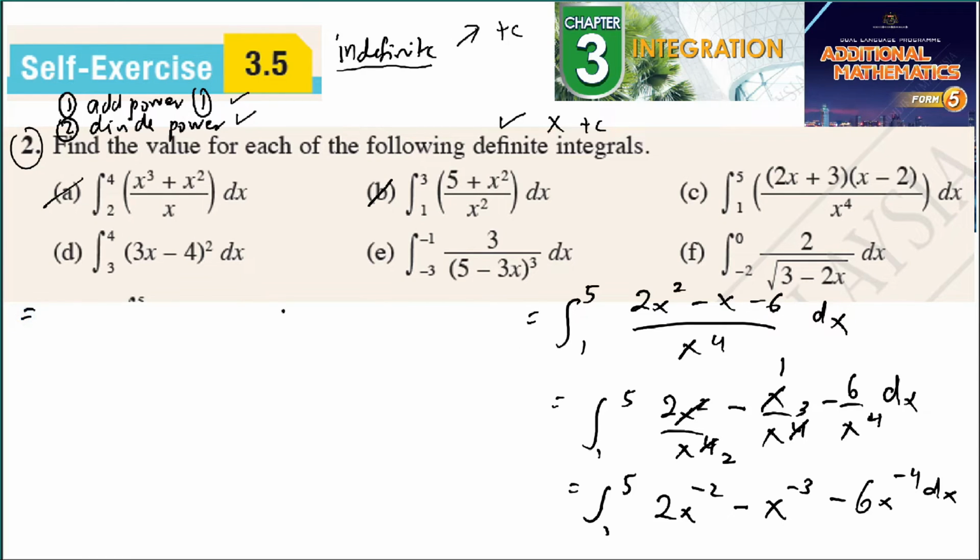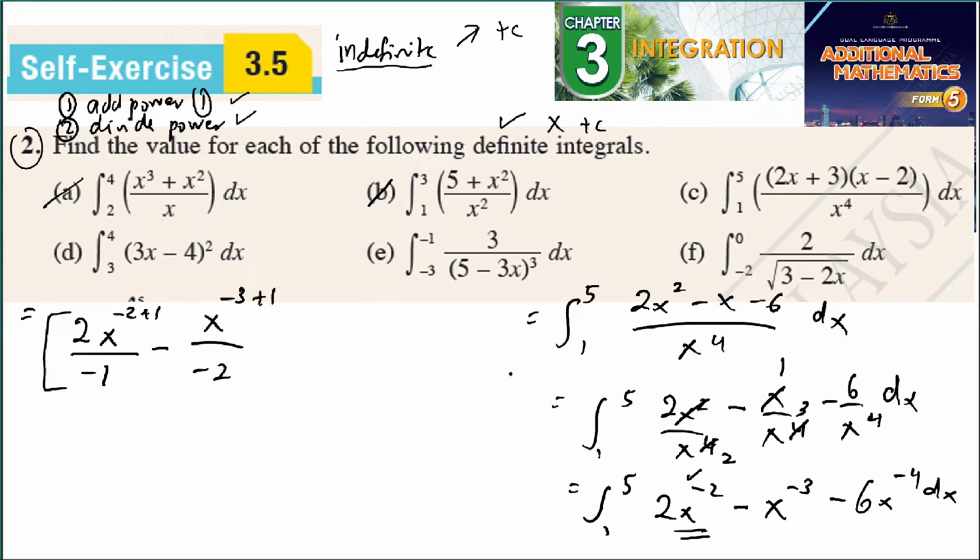So here to integrate, we just put the constant, and then we see we have x to the power -2. So we add the power with 1, so -2 plus 1 we get -1, right? So add power, divide with power, -1. Okay, you can just close here. Now the first one is done, second one you minus. So x to the power -3, you add the power with 1, -3 plus 1 is -2, so you divide with the power.